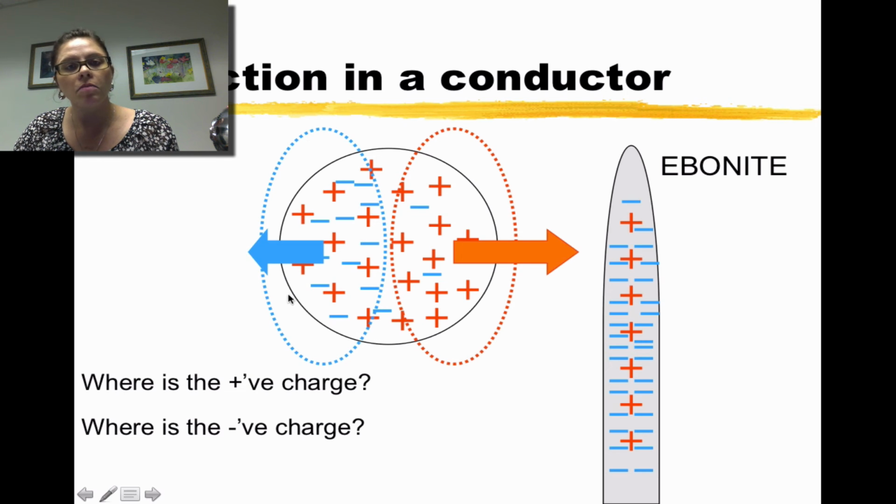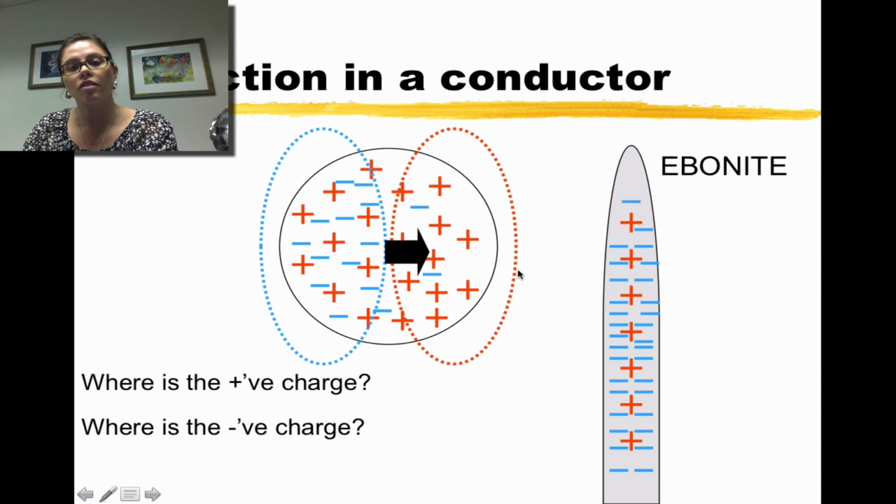So even though this metal conductor is still neutral, with an equal number of positives and negatives that even each other out, because you have positives on one side and negatives on the other, and the negative side is further away from your ebonite, you're going to have a smaller repulsive force. So you'll have a net force of this neutral conductor being pulled to your ebonite.